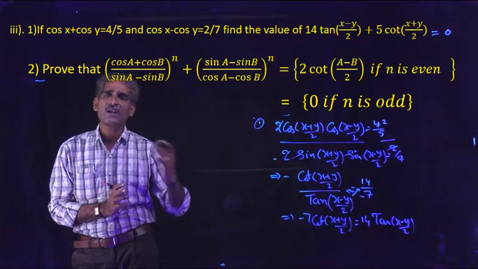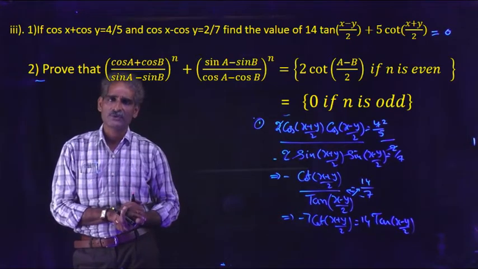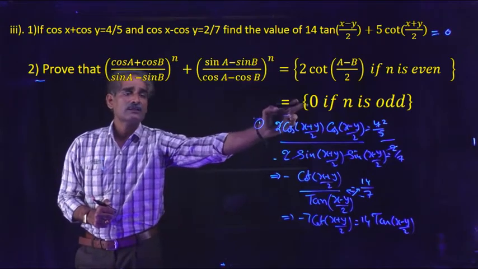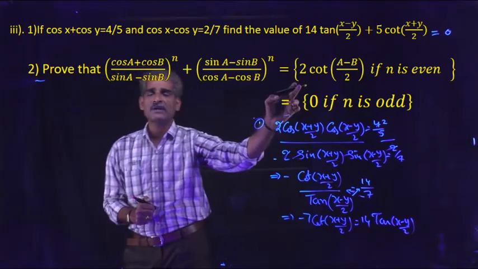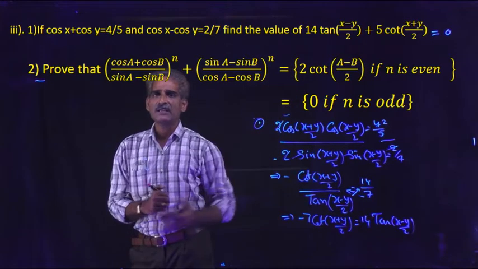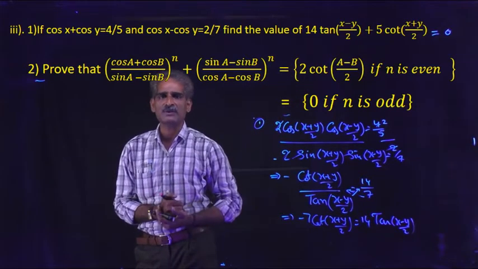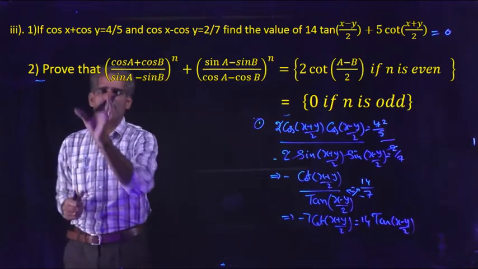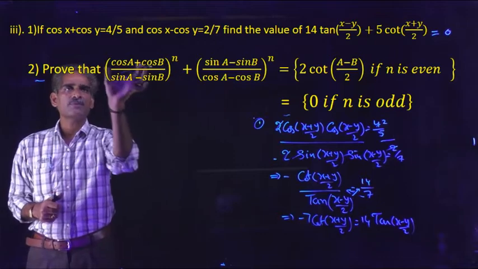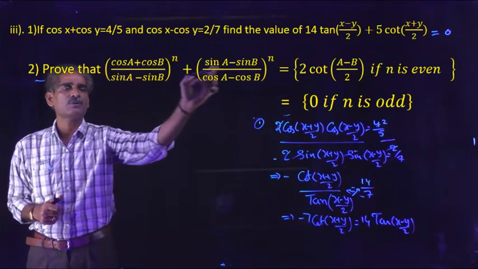So even and odd depends upon the nature of n. First of all, observe the angle in the required one. Here cot of (A−B)/2 is there. So observe the angle (A−B)/2. Simply apply transformations for this expression and this expression, for the numerator and denominator, numerator and denominator.